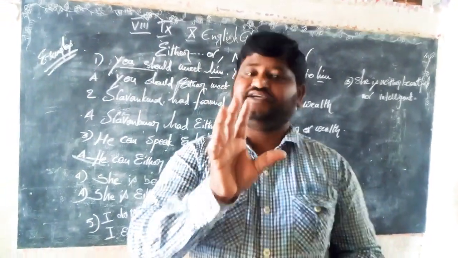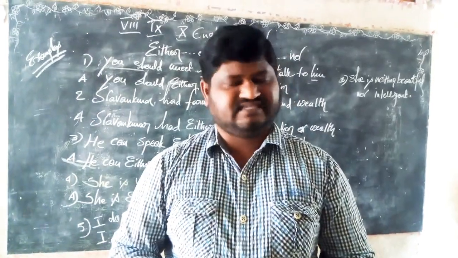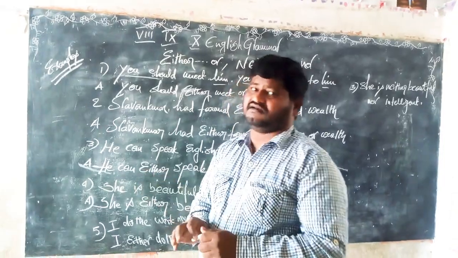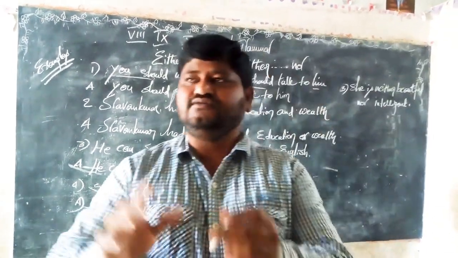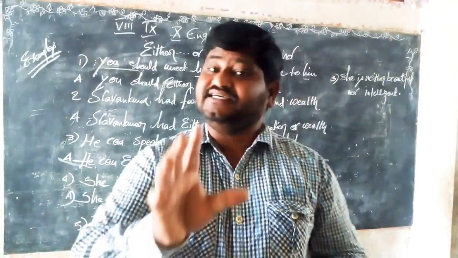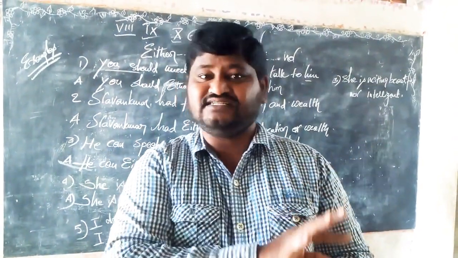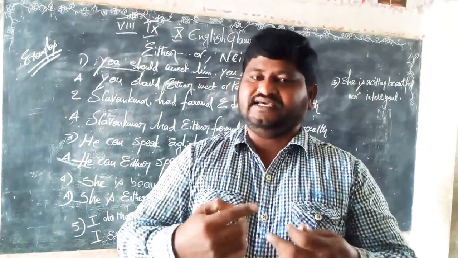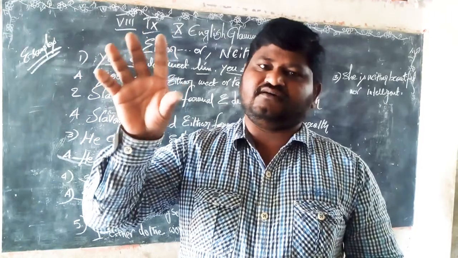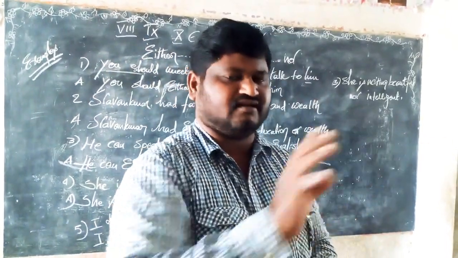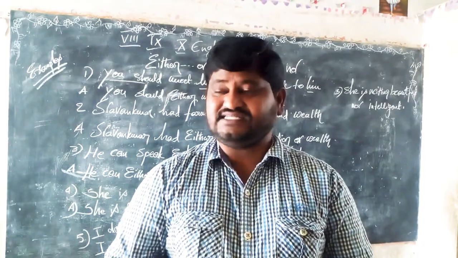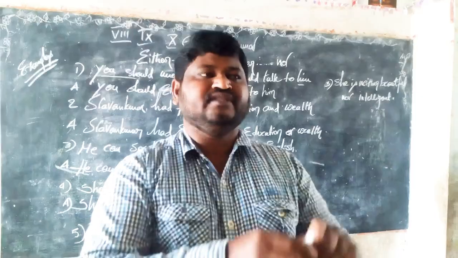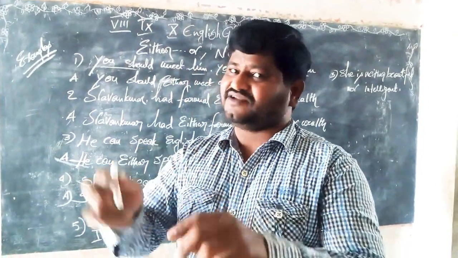That is very important. The next point is, when you want to write either or and neither nor, first you should identify the similar words and the different words in the two sentences. That is the most important thing. When writing either or and neither nor, we have two sentences. In these two sentences, you should identify the different words or similar words.